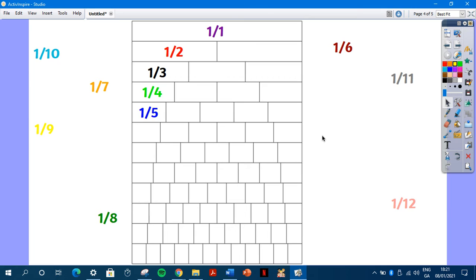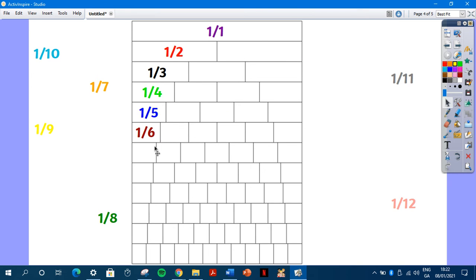Okay, well done. So we have 1 piece out of 1, 1 out of 2, 1 out of 3, 1 out of 4, 1 out of 5. What are we looking for next? 1 out of 1, 2, 3, 4, 5, 6. So we're looking for 1 piece out of 6.